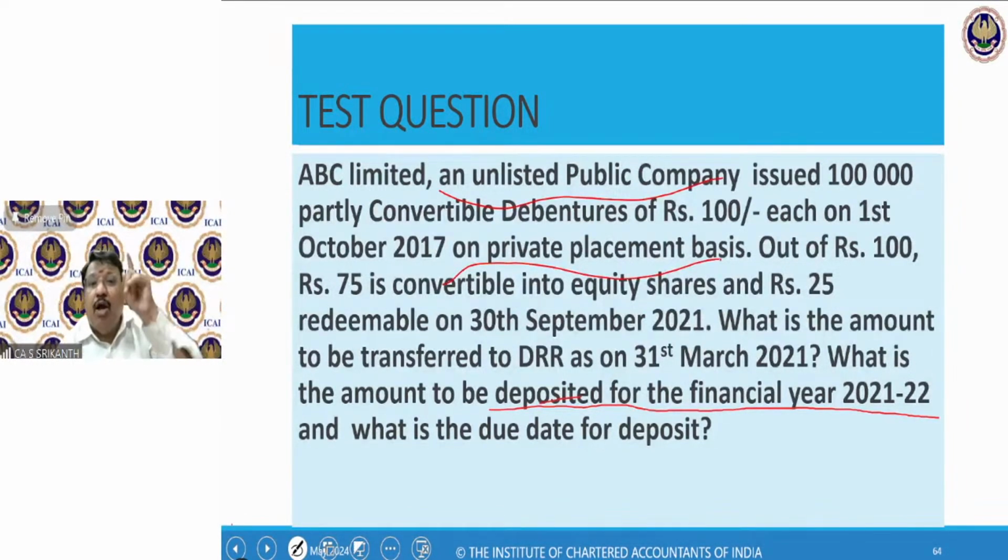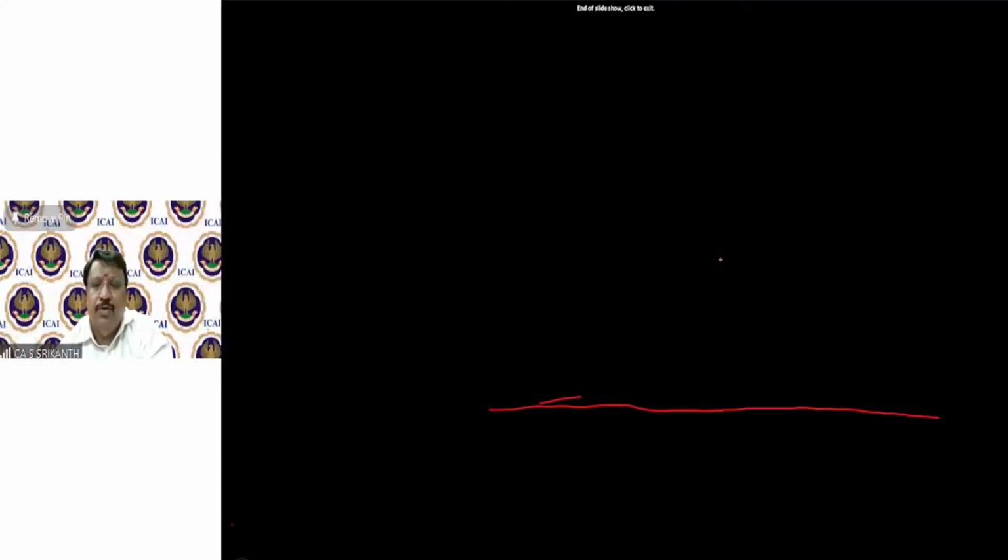Please note, only the non-convertible portion, only the redeemable portion I have to take, because that 75 is going to be converted into equity shares. No bother. Only for the remaining 25 into 100, 25 lakhs into 15%, 3,75,000 has to be deposited on or before 30th April 2021. This is the approach. Right.